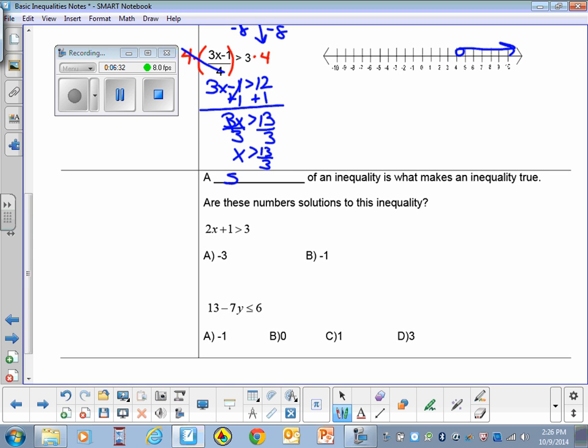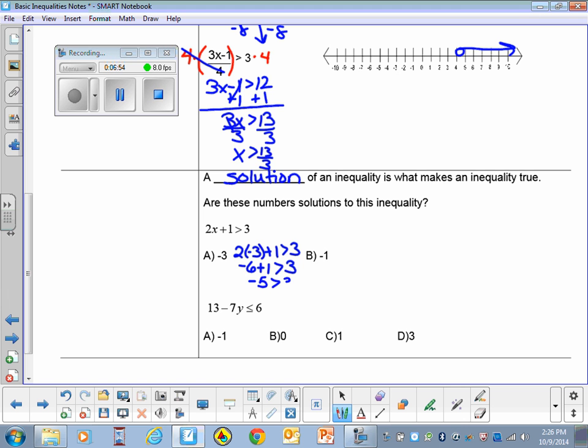A solution to the inequality has to make the inequality true. And all we want to do in this situation is substitute the value for x and see if it's true. So 2 times negative 3 plus 1 has to be greater than 3 for this to be true. Negative 6 plus 1 greater than 3.